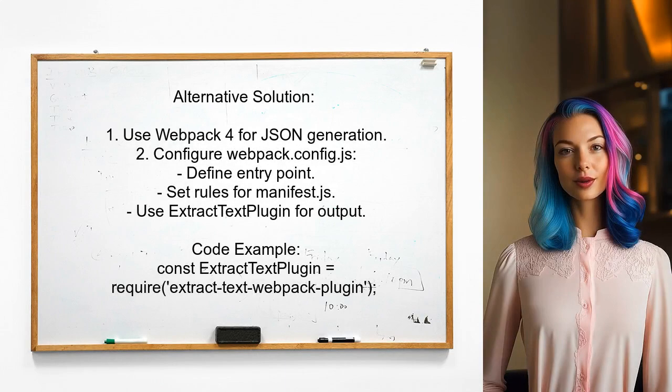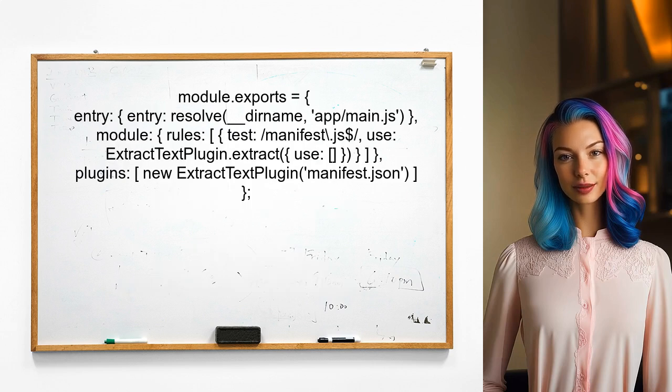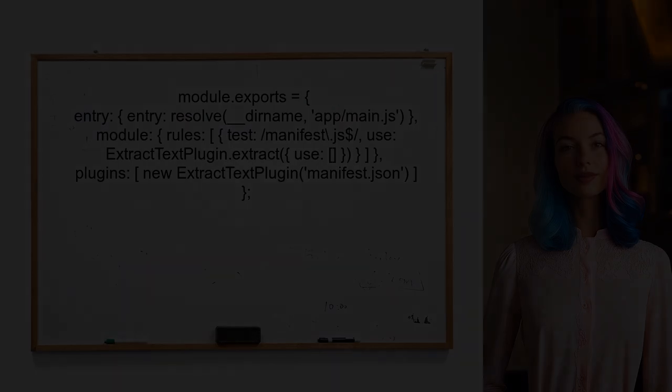An alternative approach using Webpack 4 is suggested for generating a manifest.json file. The user sets up a webpack.config.js file to define an entry point and rules for processing the manifest.js file. They utilize the extract text plugin to create the manifest.json output.